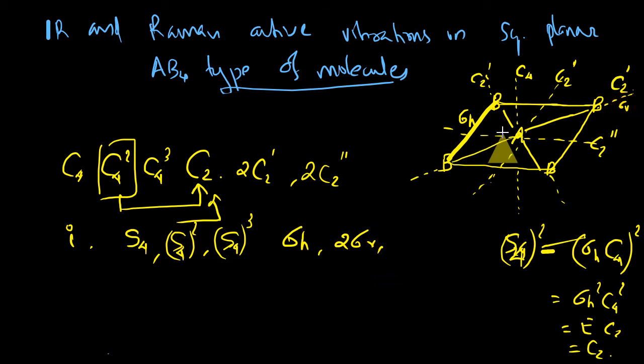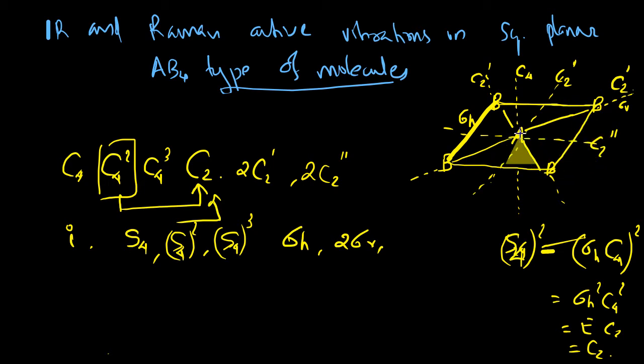And in addition to that, there are two other vertical planes. They are actually dihedral planes because they are bisecting the BAB bonds. And these vertical planes contain the C2 double prime axis. So there will be one vertical plane through here. It will contain the principal axis as well as the C2 double prime axis. So that's a vertical plane.